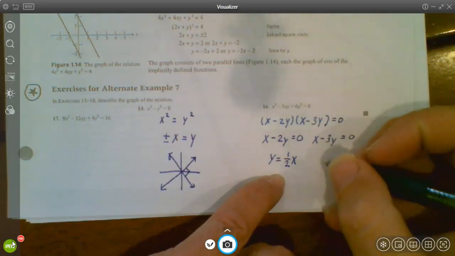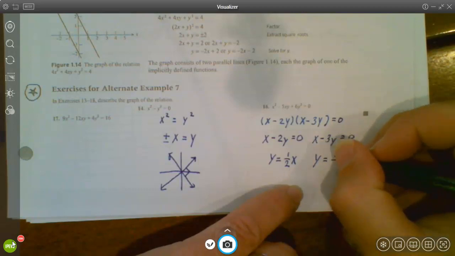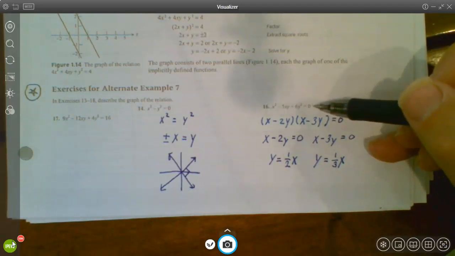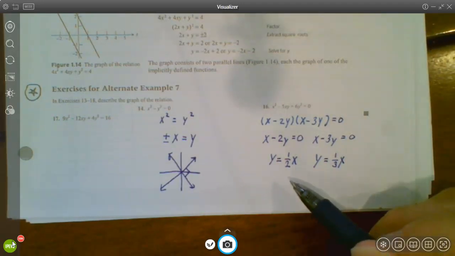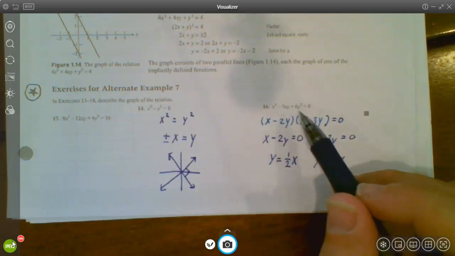And do that for the other guy, and we get 1/3 x. So now we just took this implicitly defined function, and we could now graph it pretty easily by just graphing those two lines. That would actually give us that function right there.